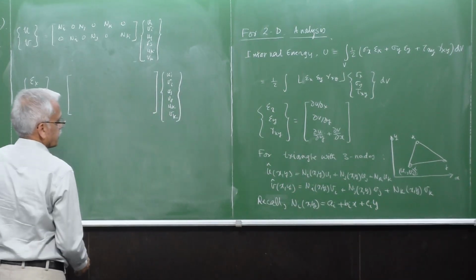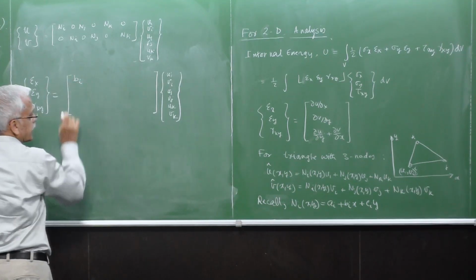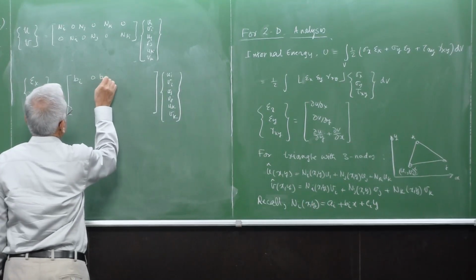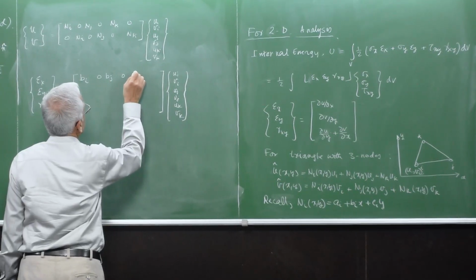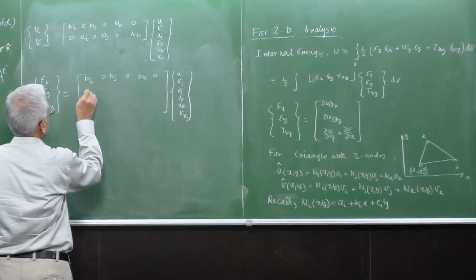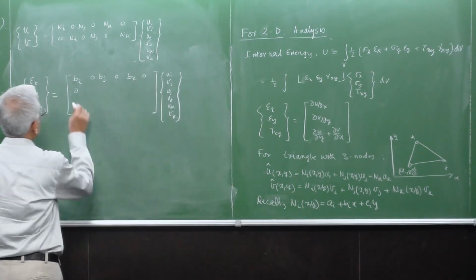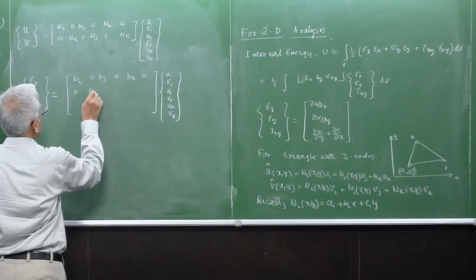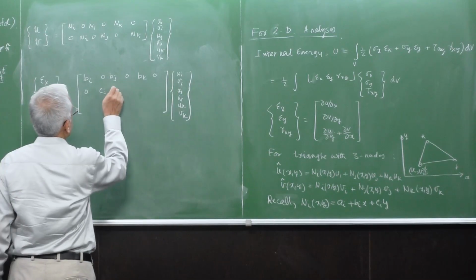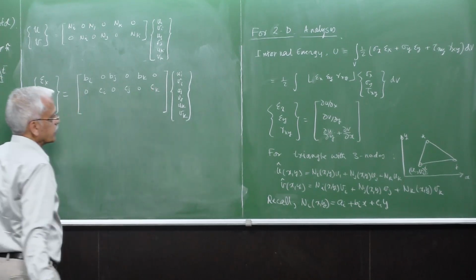So using that, if you take the derivative with x, it will simply be bi times ui, and then bj times 0 and bk times 0. Similarly for epsilon y, it is ∂Ni/∂y, which gives you ci, so ci times vi, and cj times vj, and ck times vk.